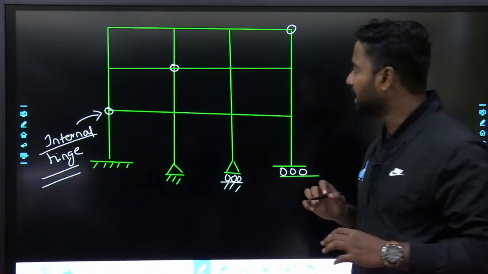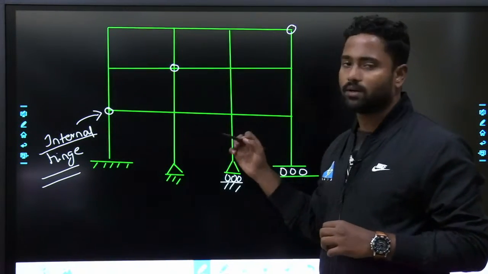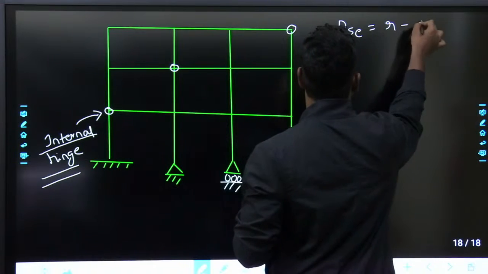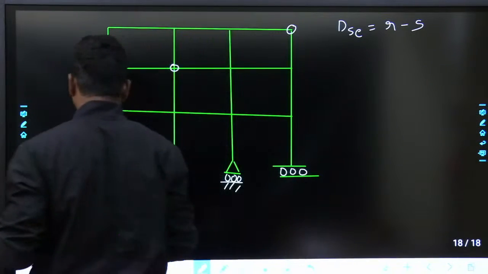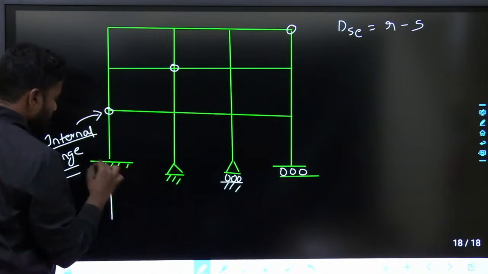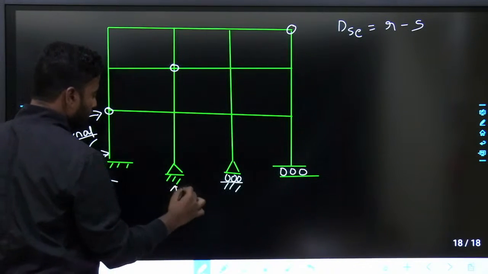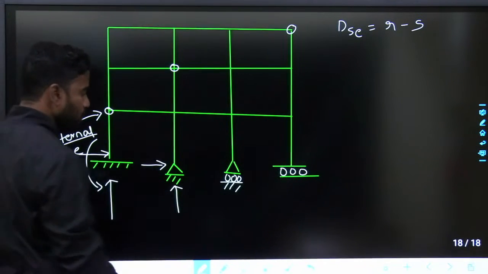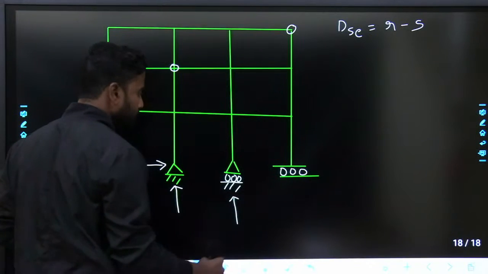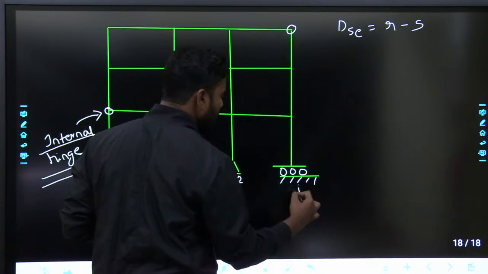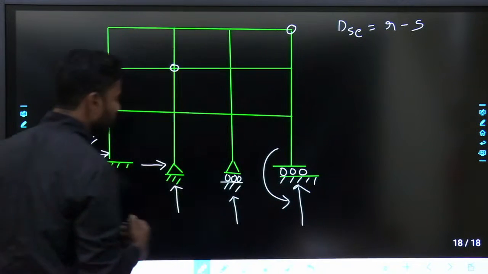DSE you can easily calculate. First I'll go with DSE only. DSE is number of reactions minus number of equilibrium equations. 1, 2, 3. 1, 2. 1. And here this is axial thrust release. I told you there will be vertical reaction and there will be moment.